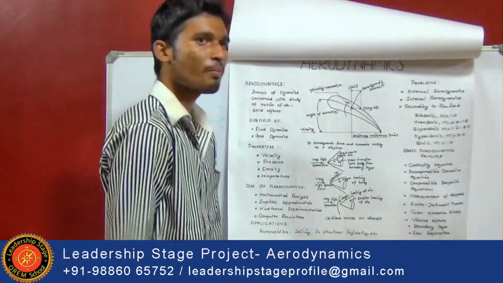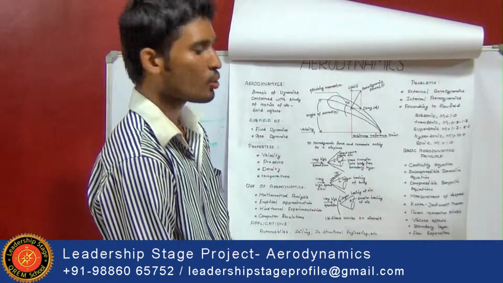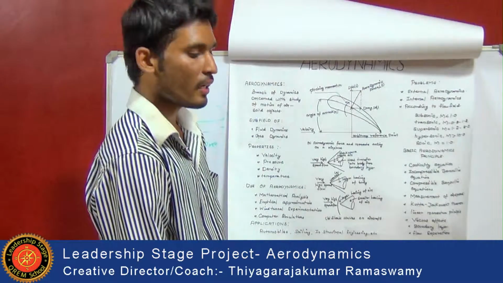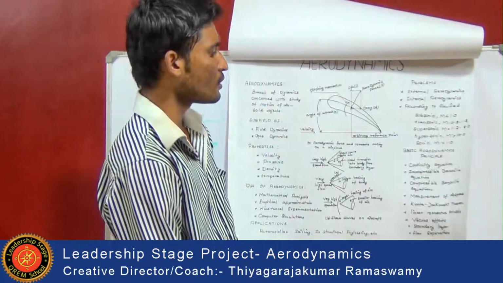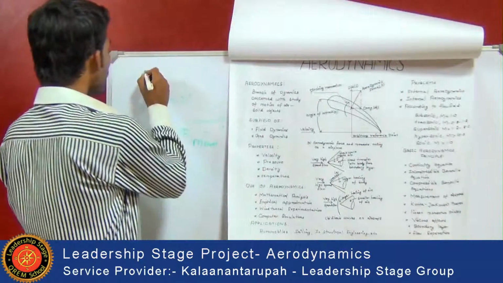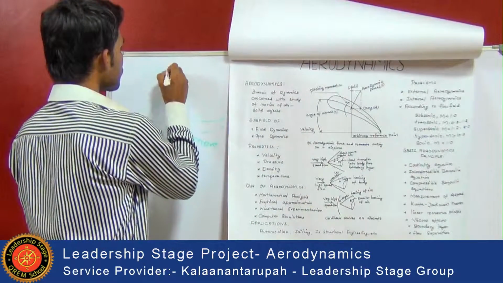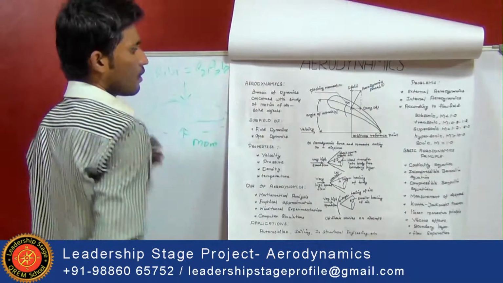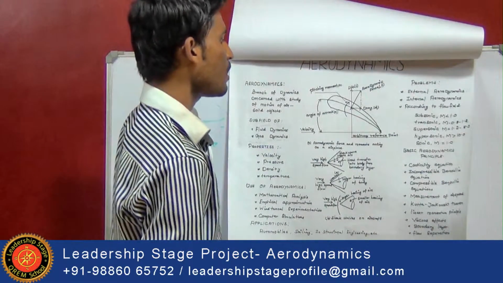And next one is what are the basic aerodynamic principles which have to be used to solve and analyze the problems in aerodynamics. One is the continuity equation. Continuity is rho 1 A1 V1 equal to rho 2 A2 V2. And next one is Bernoulli's equation.